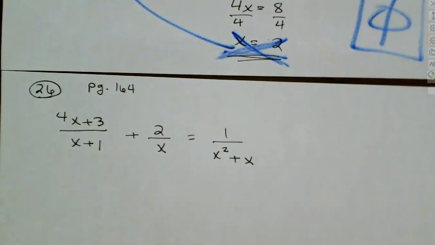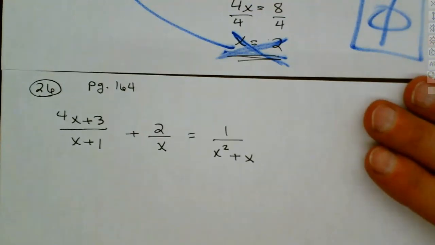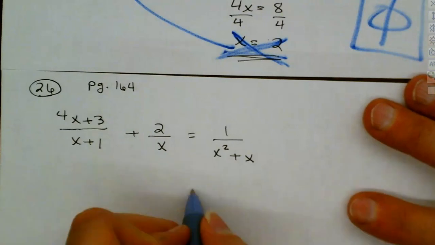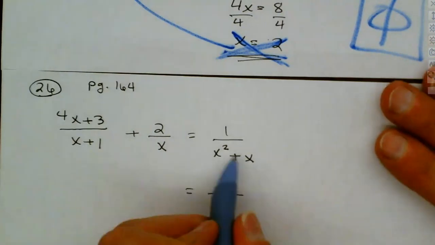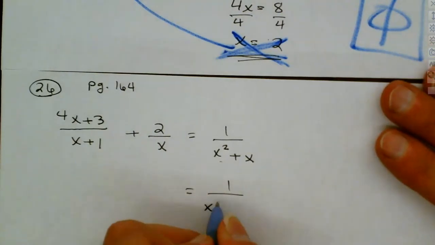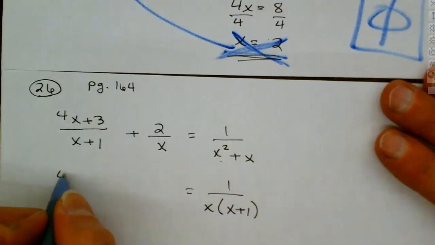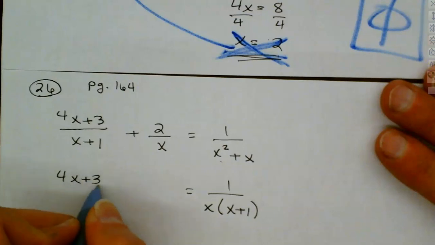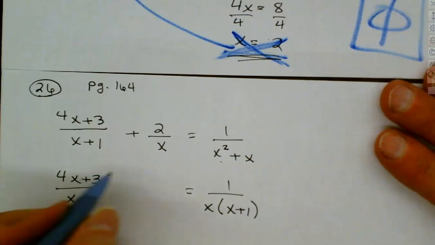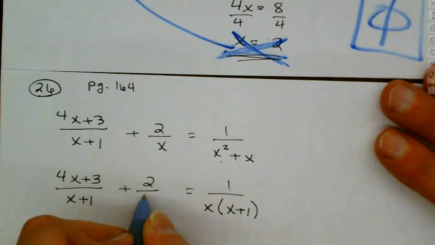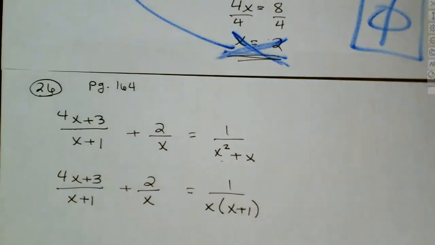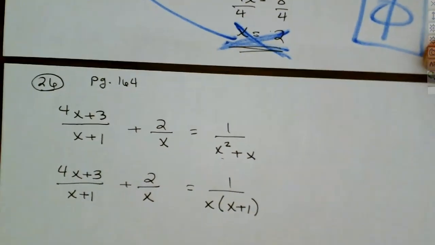What I would do first is I would work with the right-hand side and I would try to factor this. So this here is going to factor. What can I factor out of here? Well, it looks like over here I can factor an x out. All I did was I factored that x out.